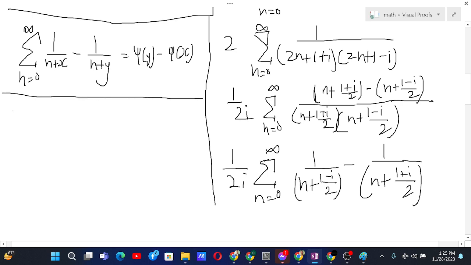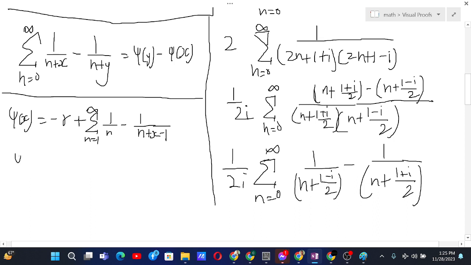We know digamma of x is minus the Euler-Mascheroni constant plus the sum from n equals 1 to infinity of 1 by n minus 1 by n plus x minus 1. This is the definition of the digamma function in infinite series representation.